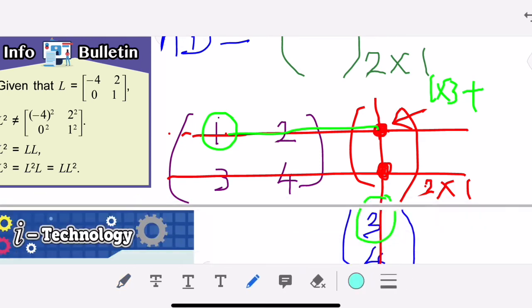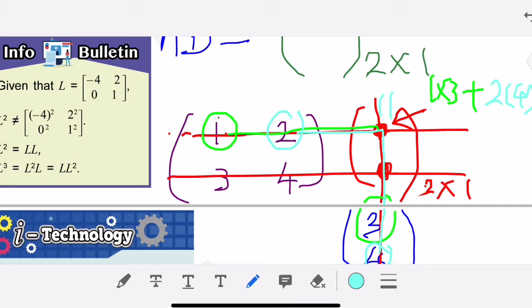Take the 2, follow the line down to 4. It's always plus: 2 times 4, right? So your answer is 3 plus 8, which is 11. So you have the answer 11.